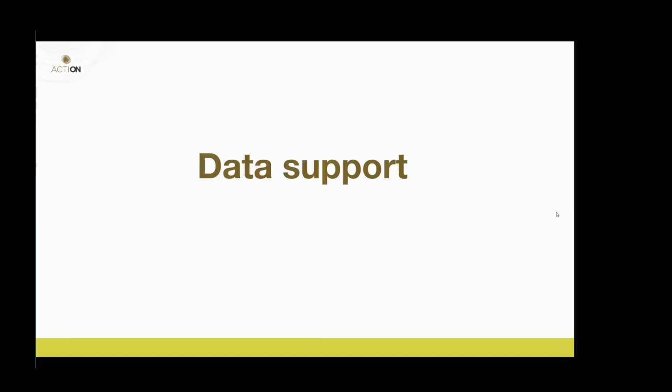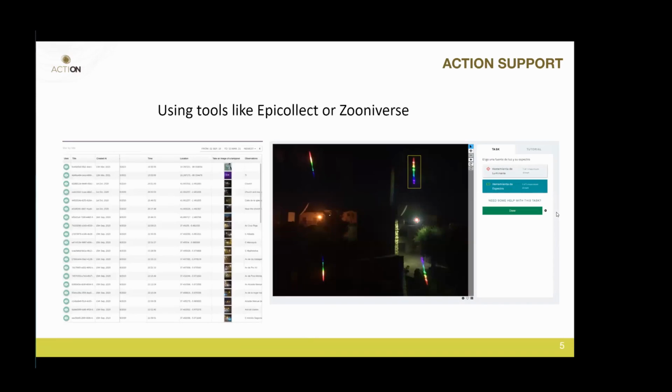Sorry. So I'm going to explain some data support that Action can give to your pilots. First, thank you, Rafael, for your nice picture of Street Spectra. We can give you support for using tools like Epicollect and Zooniverse.